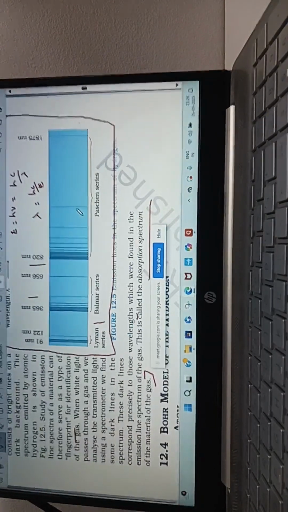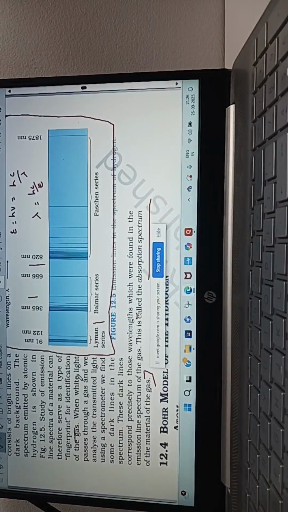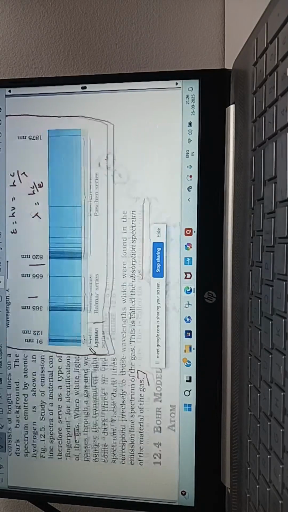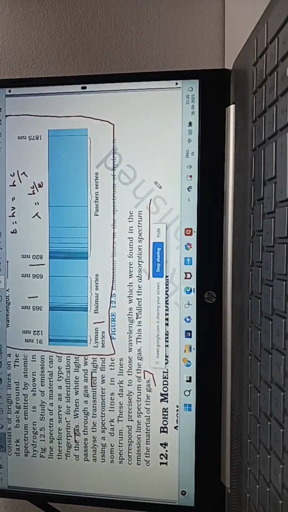Okay, absorption spectrum means what? If a light passes through a gas, say hydrogen gas, what will happen? We will get dark lines.